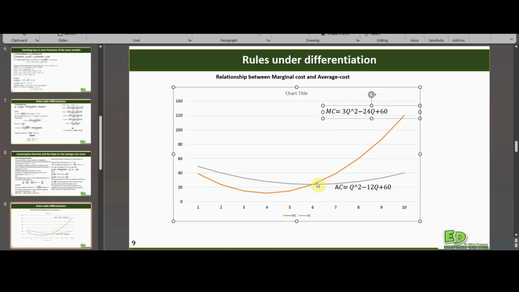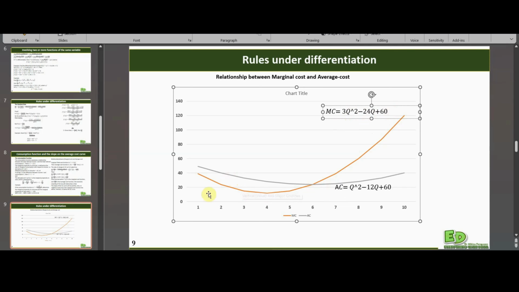So we say that MC is lowest at quantity equal to 4, because the differential of 3q squared minus 24q plus 60 is 6q minus 24, and equating it to 0 gives you a quantity of 4.